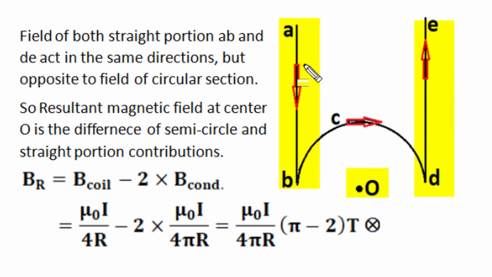So the magnetic fields of the two straight lengths add together but are opposite to the semicircle magnetic field, and the semicircle magnetic field, half of the full circle contribution mu 0 I upon 4R, becomes more than the contribution of these two. One infinite conductor at the end point produces mu 0 I upon 4 pi r, so both will produce 2 times. Since the magnetic field of the semicircle is more than the two infinite straight lengths, the resultant magnetic field, the difference, becomes mu 0 I upon 4 pi r multiplied by pi minus 2 Tesla.